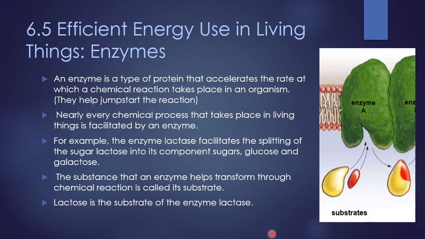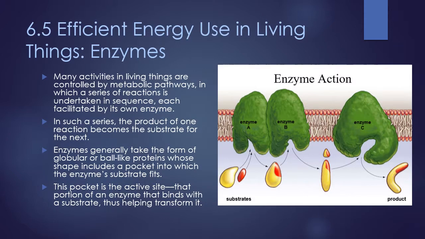Enzymes tend to have this -ase ending, and again, it's not really important that you know the names. This is just an example, but the enzyme has this specific shape that helps take something and transform it from one thing to another, whatever reaction it is that's occurring.